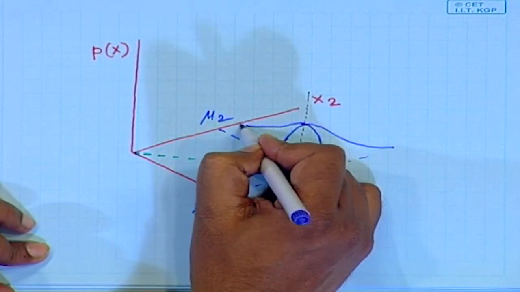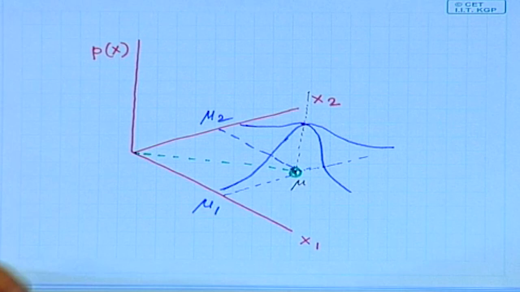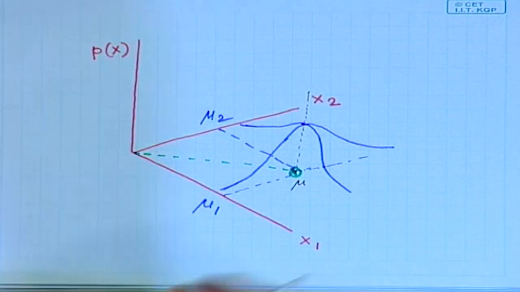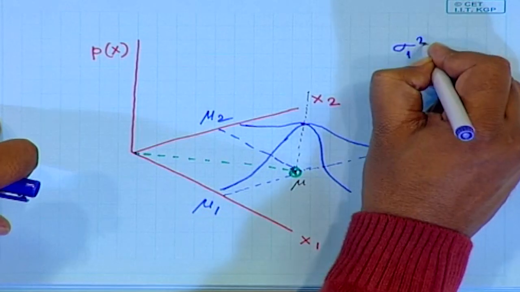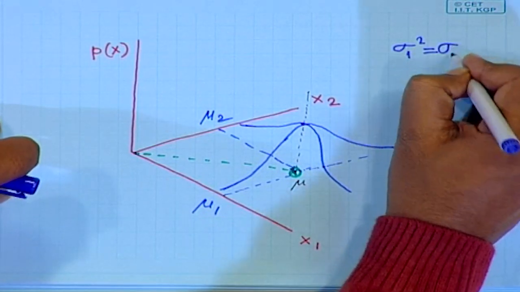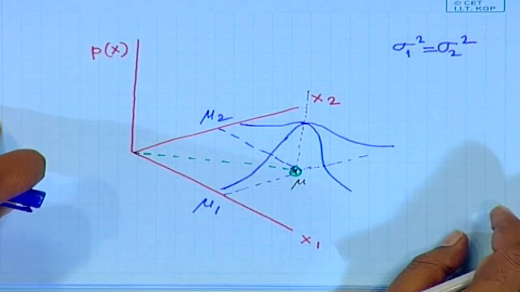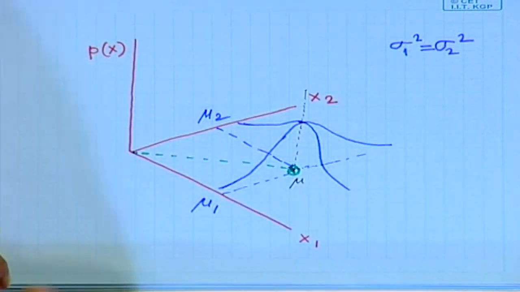Okay, and if it is a single Gaussian, if I assume that my sigma 1, let me take a simplified case, that sigma 1 square is equal to sigma 2 square. That means the variance along x1 and the variance along x2, they are same.